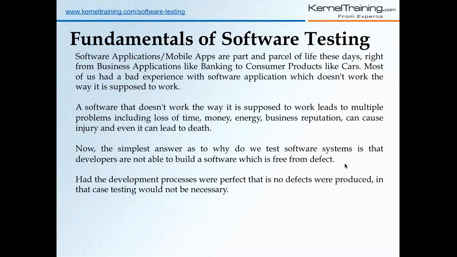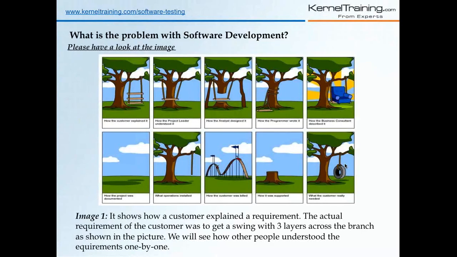Now I know a lot of people must have seen these images. It's a very interesting thing where we show what the problem with software development is these days. If you look at the first image, it shows the way the customer explained their requirements.